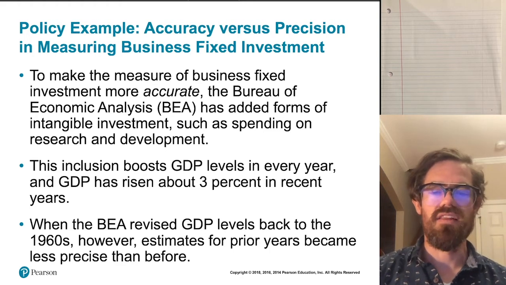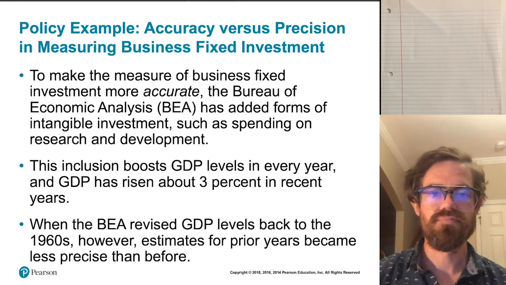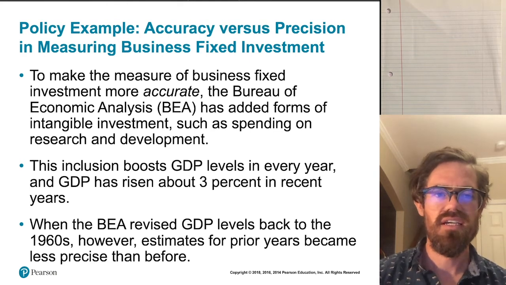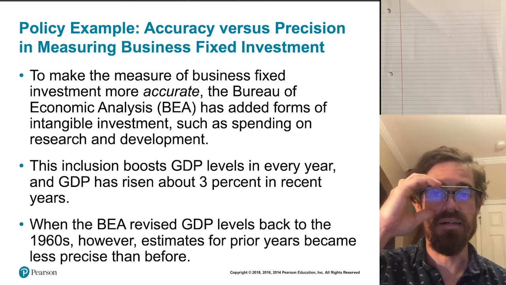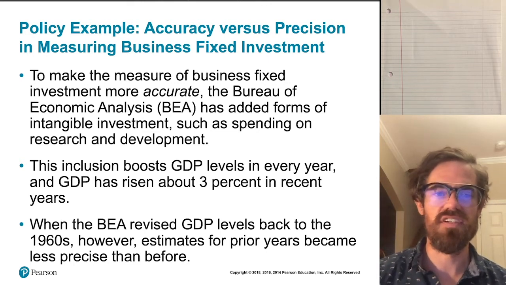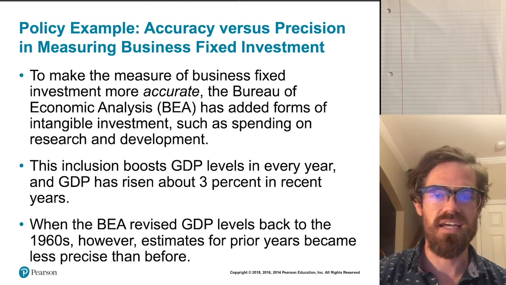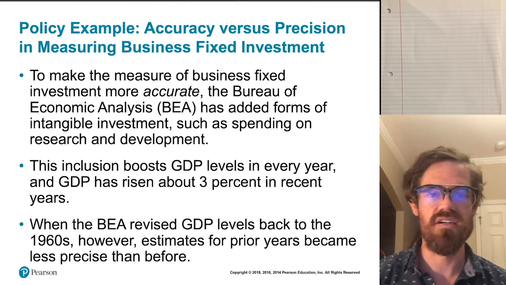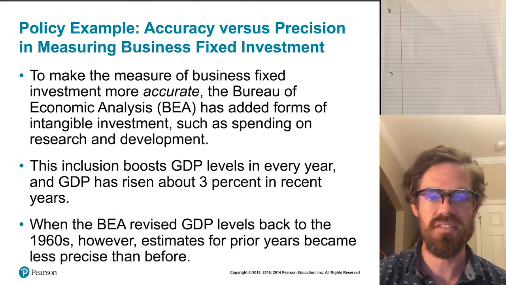All right, before we look at the other two categories of the expenditure approach, let's quickly look at a policy example. So thinking about accuracy versus precision in measuring business fixed investment. To make the measure of business fixed investment more accurate, the Bureau of Economic Analysis has added forms of intangible investments, such as spending on research and development.